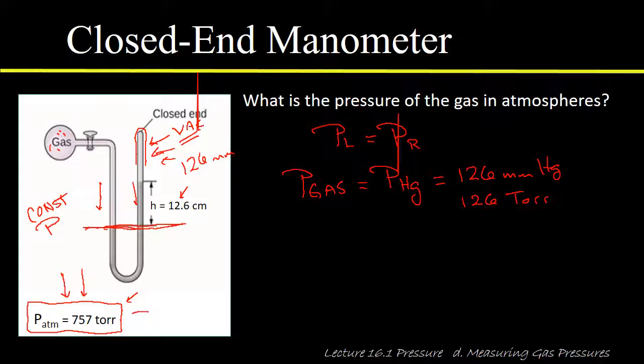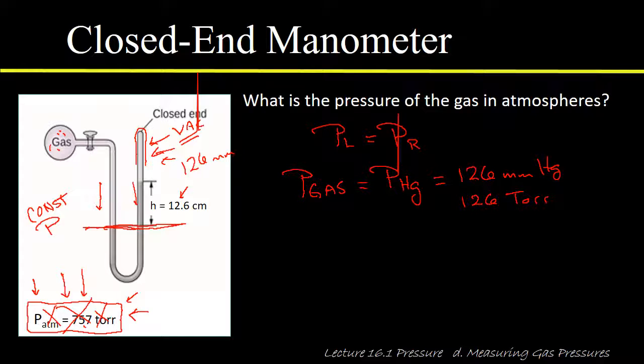It's a little bit mean, but you will see that in textbooks, because one of the things in textbooks, and frankly one of the things that I'll be testing, is to make sure that you understand the difference between an open-end manometer and a closed-end manometer. So usually we'll give you atmospheric pressure in both cases, and you need to know that when it's a closed-end manometer, you can just ignore that value. You don't need to include it in your calculation.